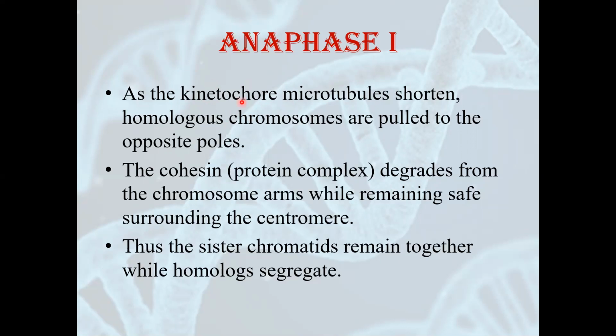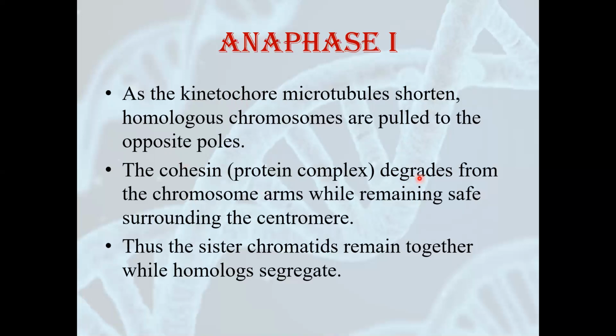The spindle fibers will attach through the kinetochores, and in anaphase, the spindle fibers and the microtubules will start to become short. And when they become short, they pull the chromosomes towards the opposite poles of the cell.